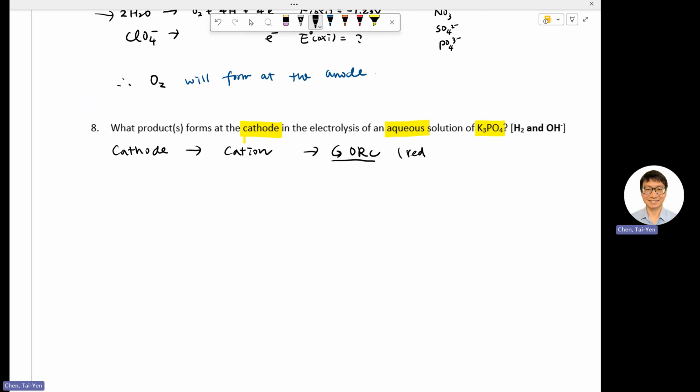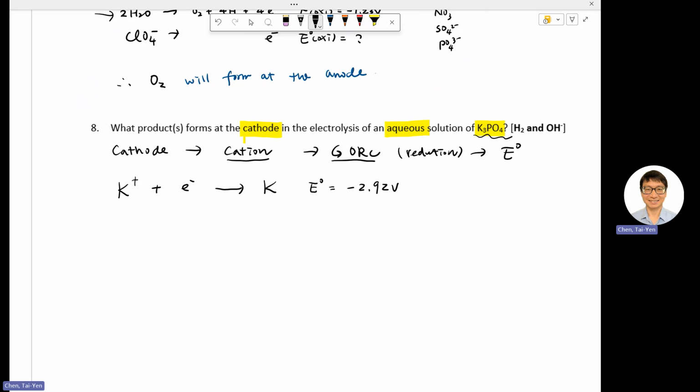Therefore, the thing you want to consider is your E naught reduction. For your salt, the cation will be K plus, the potassium. You want to know the reduction potential: potassium plus 1 electron becomes potassium solid. If you check the table, you're going to find a value of minus 2.92 volt.